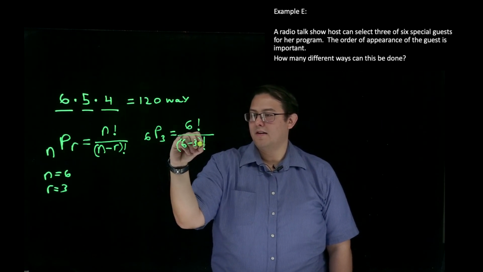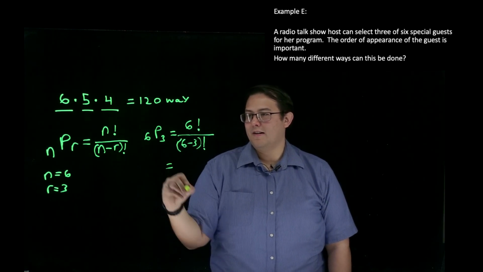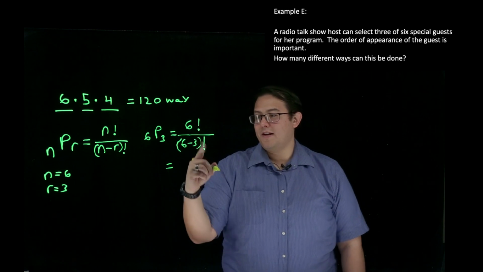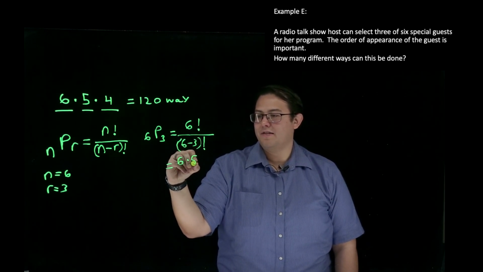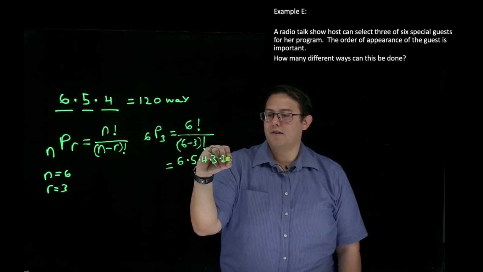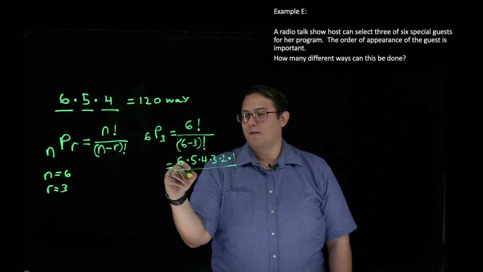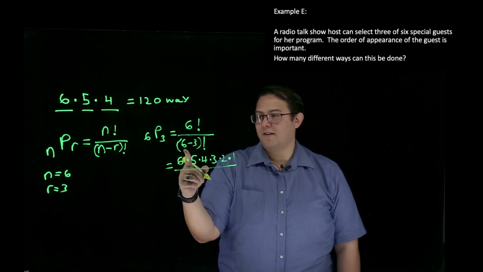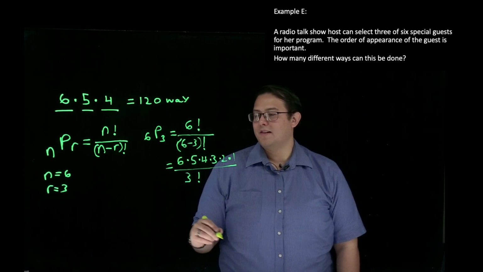I haven't told you what a factorial is yet. What 6 factorial means is you're going to take 6 and multiply it by 5 times 4 times 3 times 2 times 1, all over... we work inside the parentheses first. 6 minus 3 is 3, so this is 3 factorial.